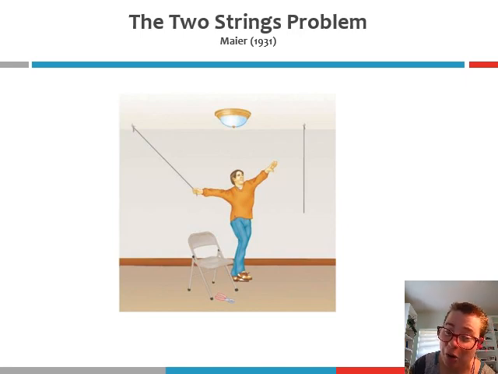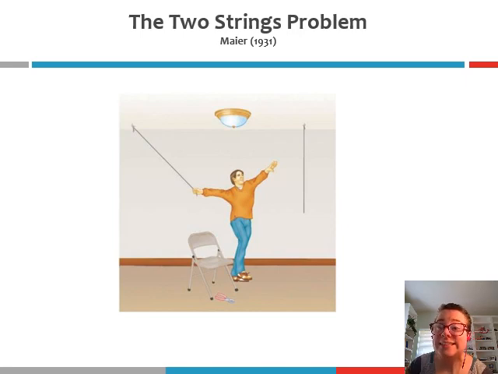So how do you solve this problem? Well, to solve this problem, participants need to tie the pliers to one of the strings and create a pendulum, which can then be used to swing the other string within the person's reach. So two things are particularly significant about the two-string problem.